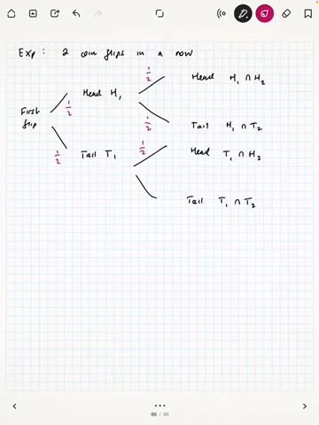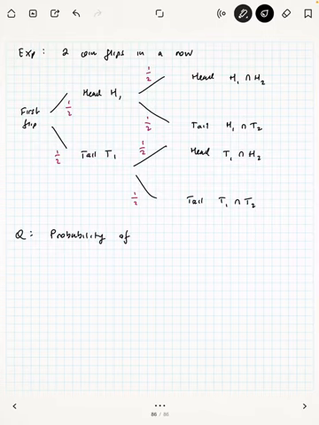So to represent that, what we're talking about, so question, what's the probability of obtaining two heads or both heads?